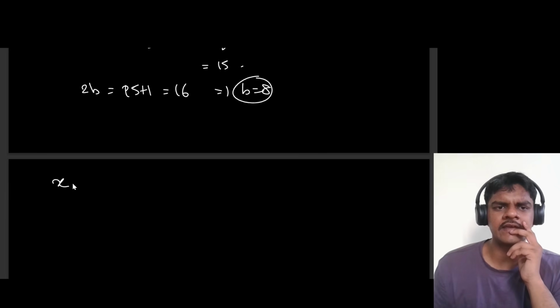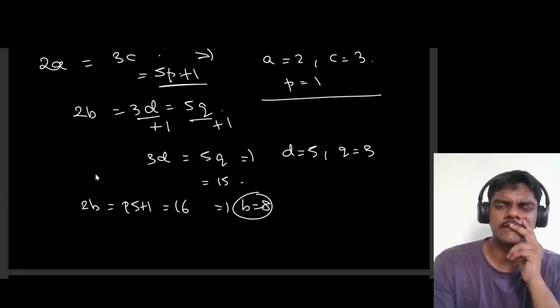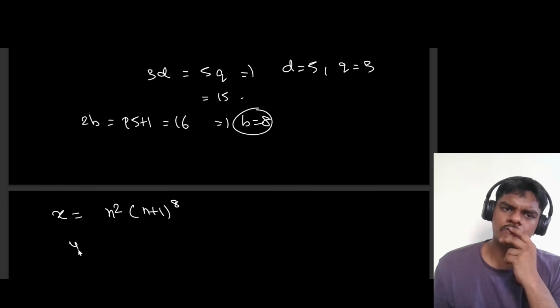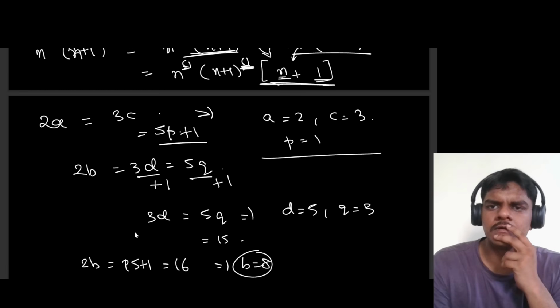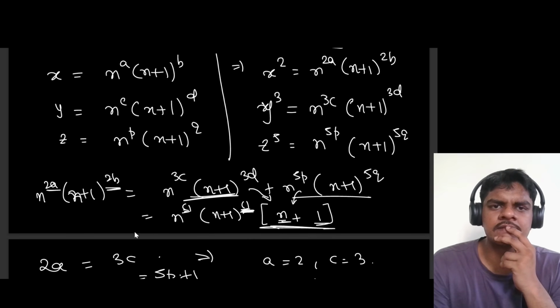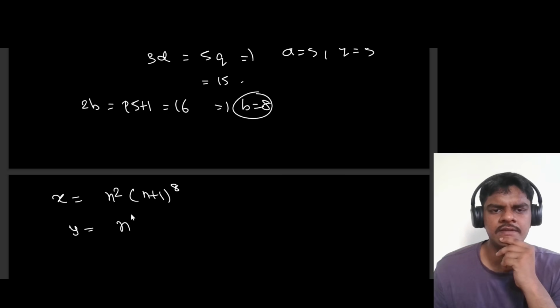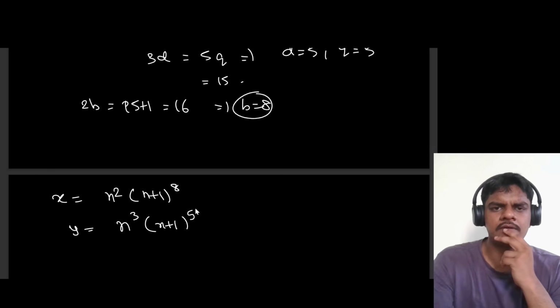So will this work? If I take x to be n square times n plus 1 whole power 8, y to be, y is having c and d, right? n cube and n plus 1 power 5.